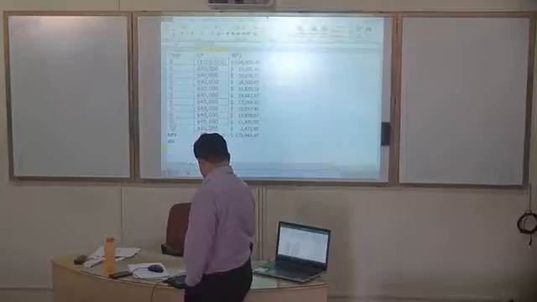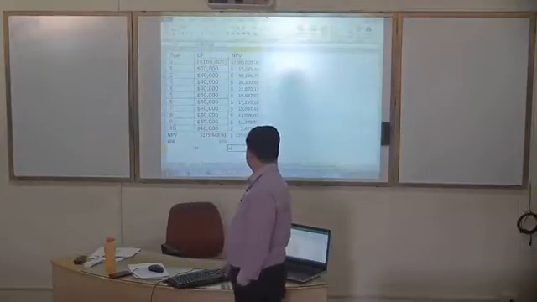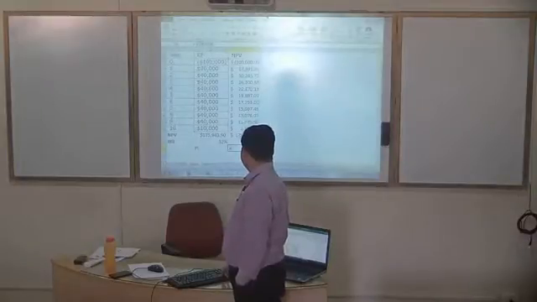PI is simple. Cash flows divided by the inflow.